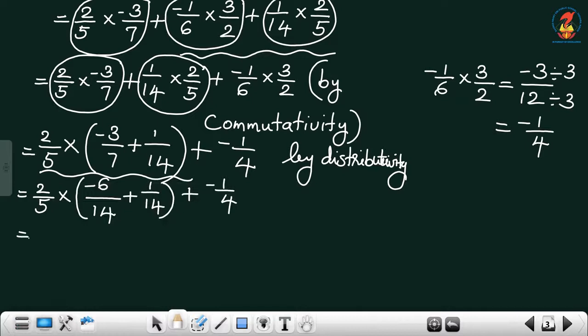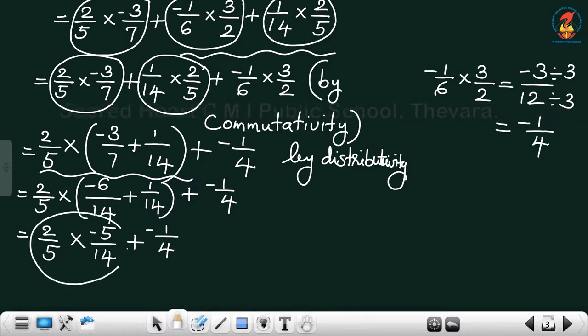Then equal to 2 by 5 into negative 6 plus 1, negative 5 by 14 plus negative 1 by 4.